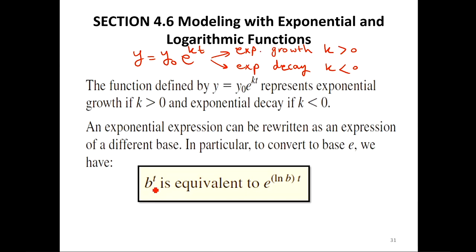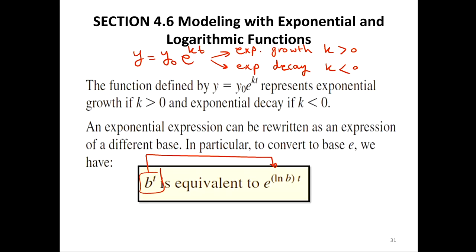Now also we can take any exponential, for example b to the power t, and rewrite it from base b to base e by using e to the power t ln b.